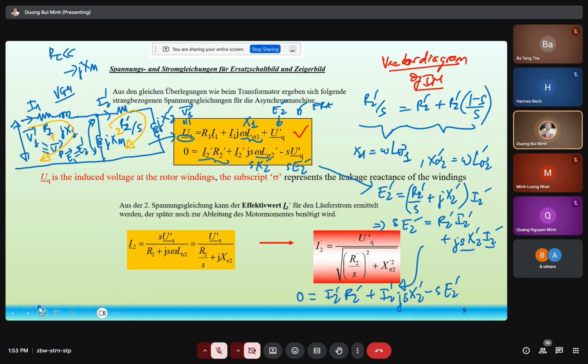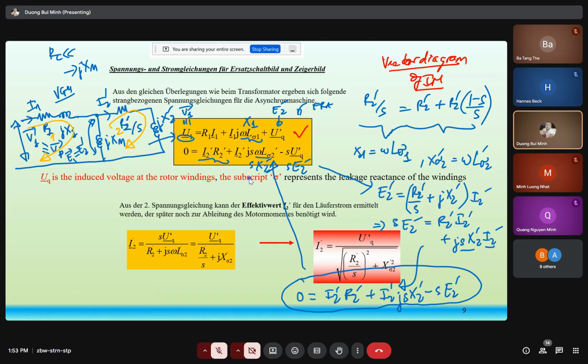That means this equation is similar to this equation, just modifying the representation of the parameters, but actually they have the same meaning.